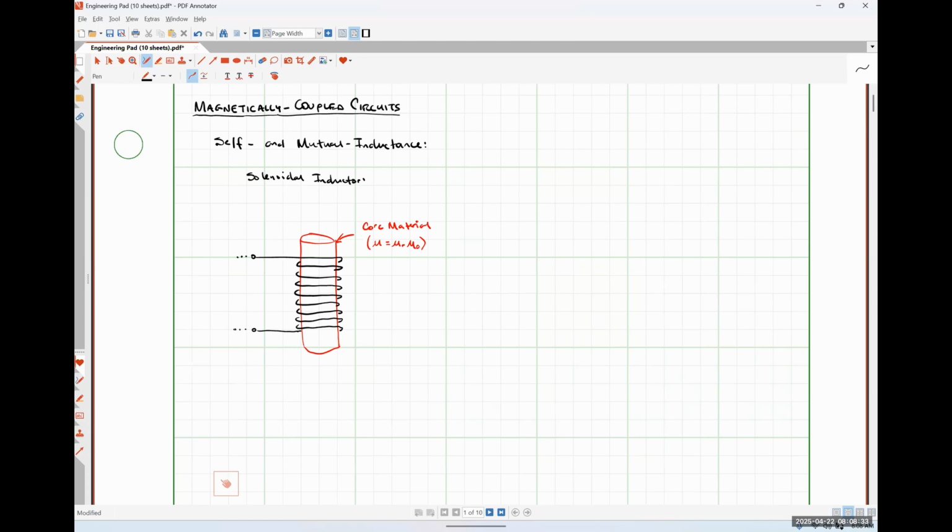Okay. So I'm going to say overall that there are n number of turns in this wire. And the number of turns is also a very important factor for understanding how this is going to behave, okay? So generally speaking, the more number of turns we have, the more inductance this coil of wire is going to exhibit, okay?